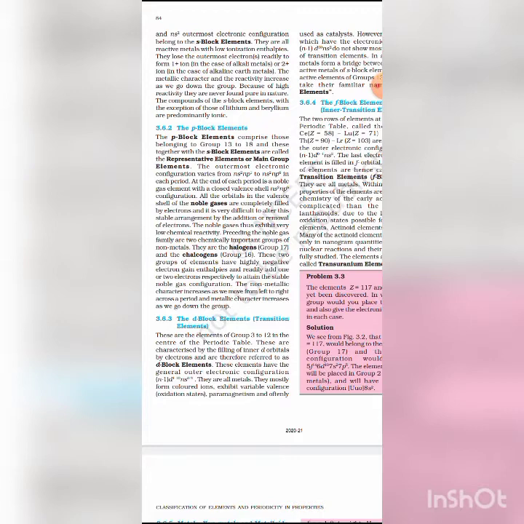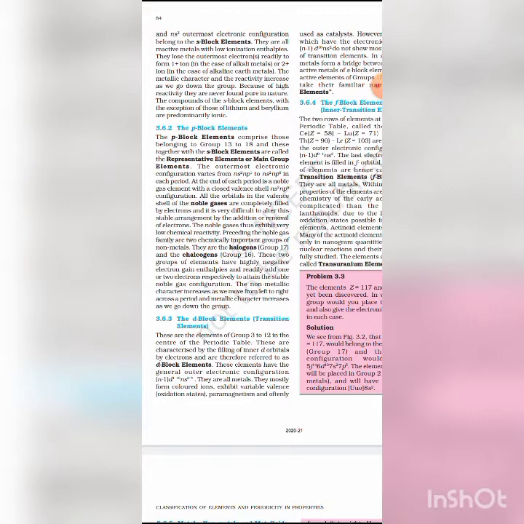They are called p block elements because the p orbital is progressively filled. It may be 1, 2, 3, 4, 5 and 6, because the p orbital can contain a maximum of 6 electrons.